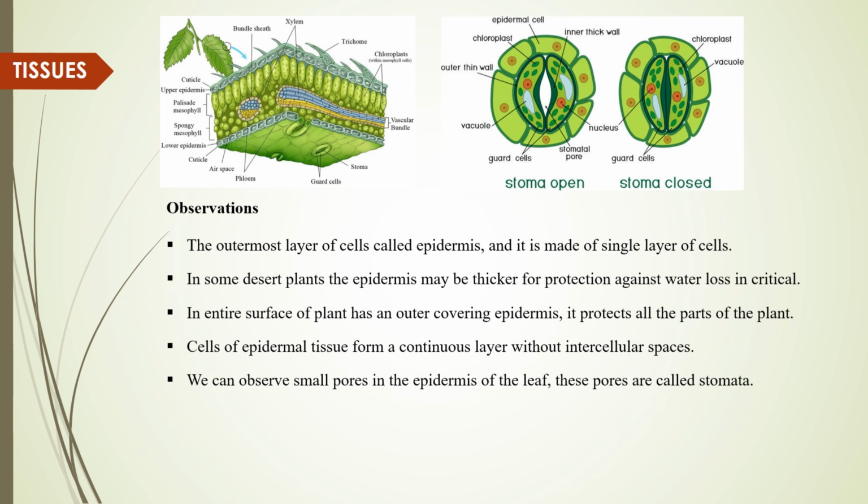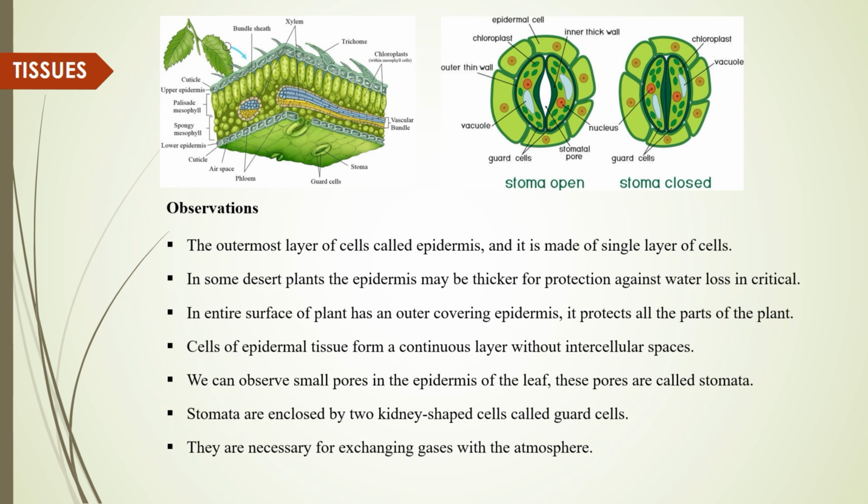We can observe small pores in the epidermis of the leaf. These pores are called stomata. Stomata are enclosed by two kidney-shaped cells called guard cells. They are necessary for exchanging gases with the atmosphere.